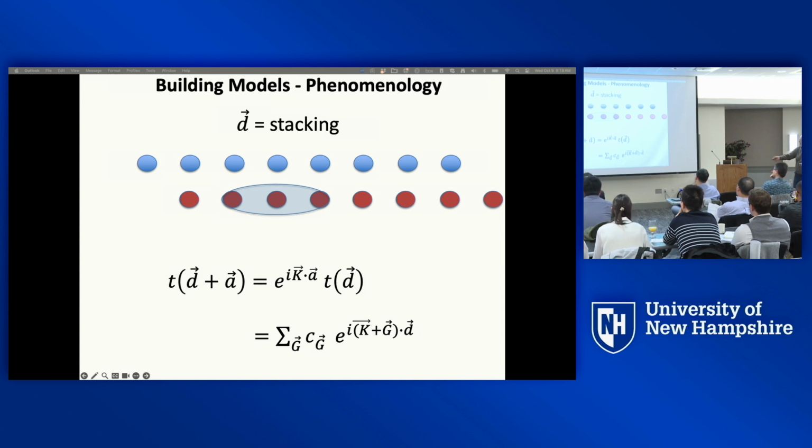And if I change the stacking by one lattice constant of this one-dimensional crystal, I've returned to the same physical state. So I should have the same Hamiltonian, the same hopping parameter.